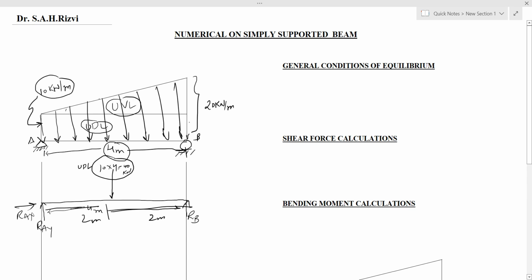Now solving UVL. The total load varies from 0 to 10, so this height is 10 kilonewton per meter.